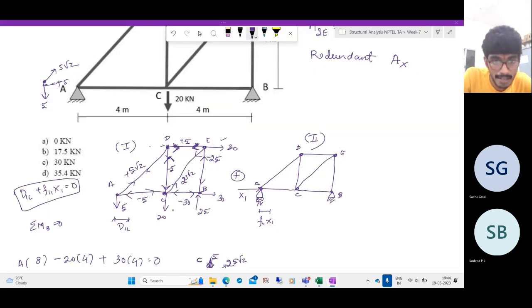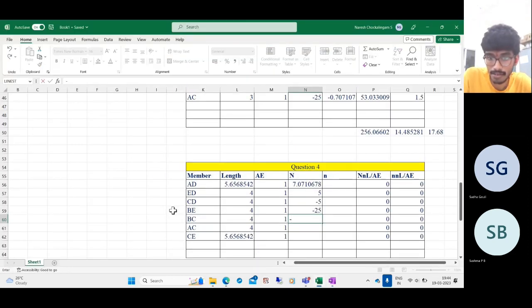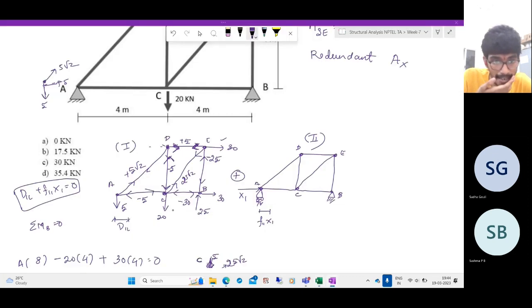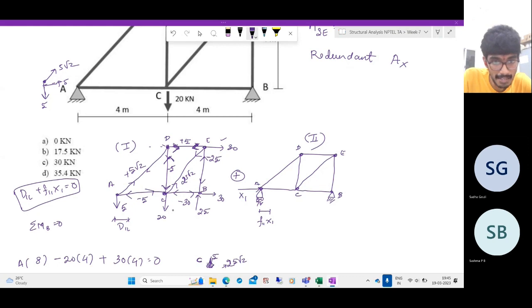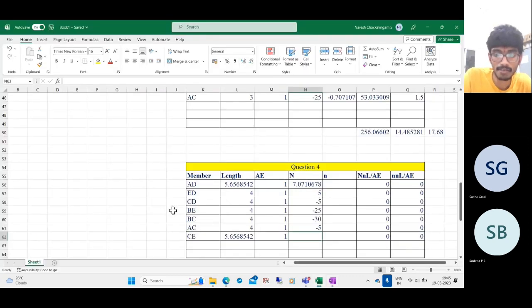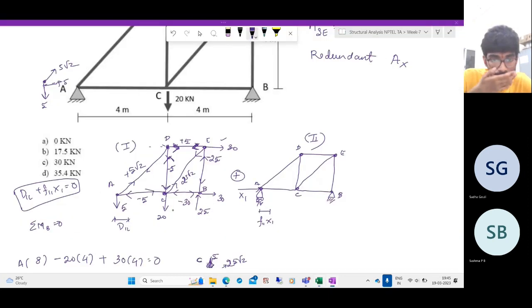BC, it is -30. AC, it is -5. And finally, CE is 25√2. Possible. Fine. Now let us solve the redundant structure.